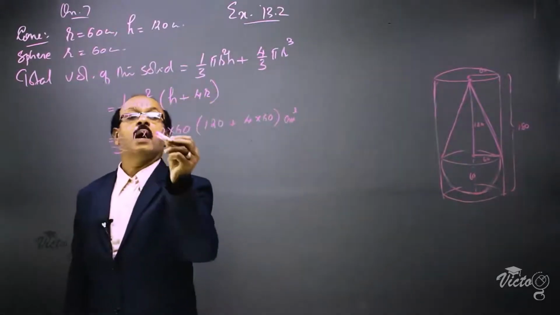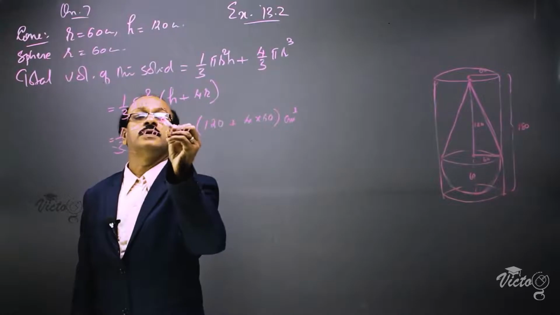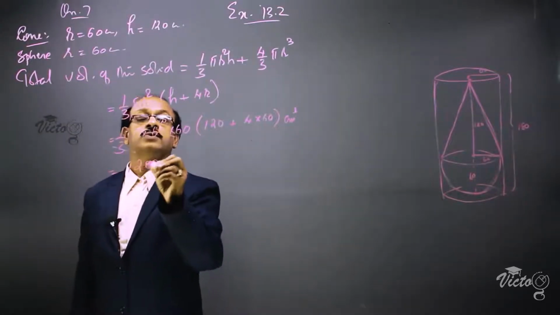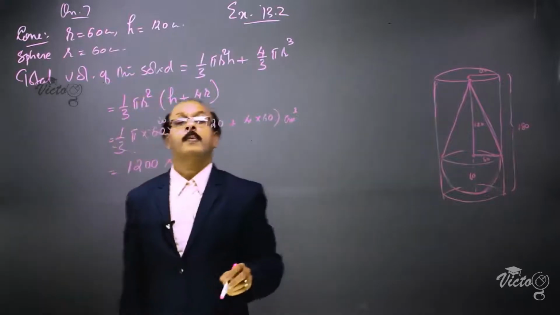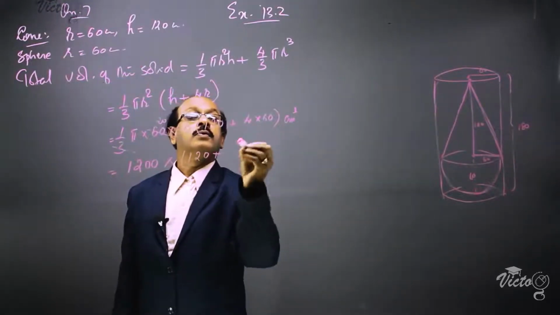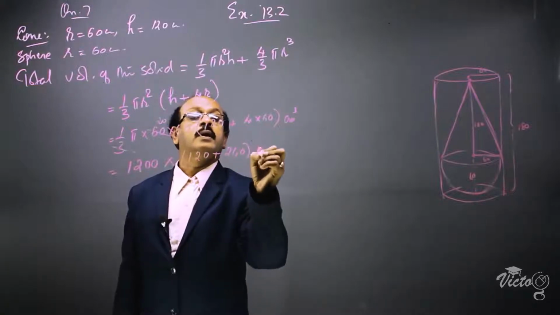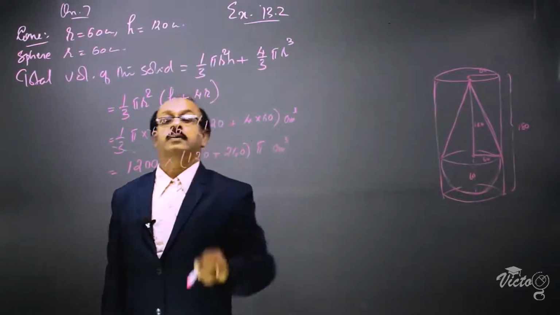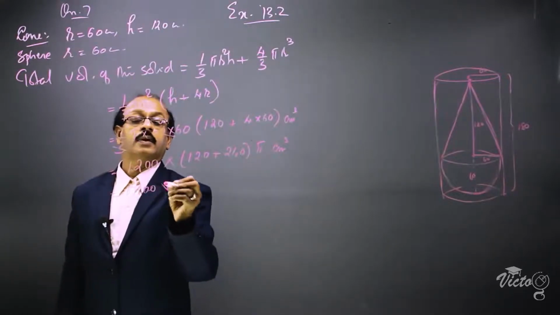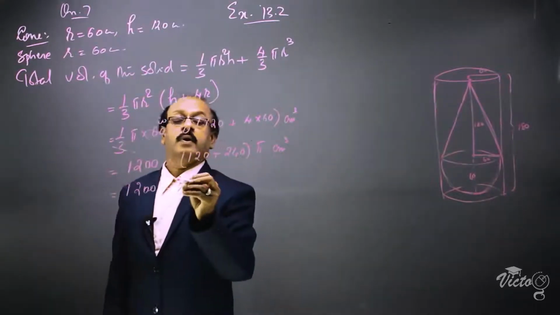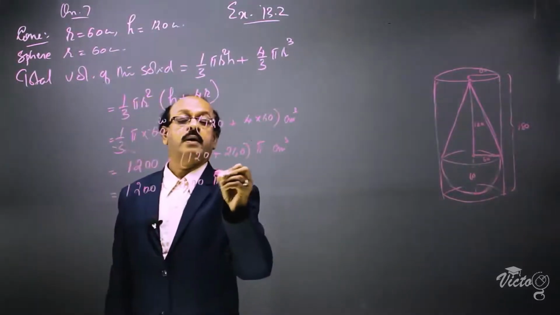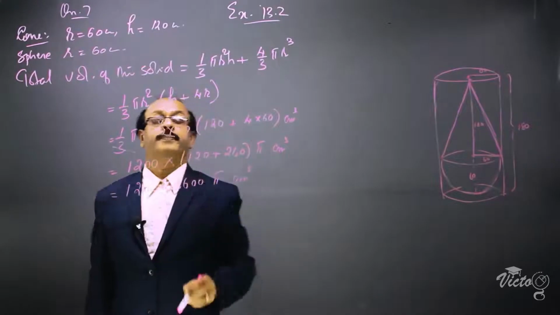Now 3 and 60 can be cancelled. This is 20. This is equal to 1200 into 120 plus 120, into pi centimeter cube. This is equal to, adding, 1200 into 240 pi centimeter cube.